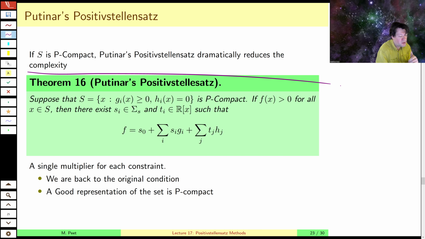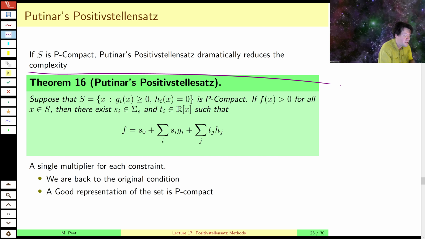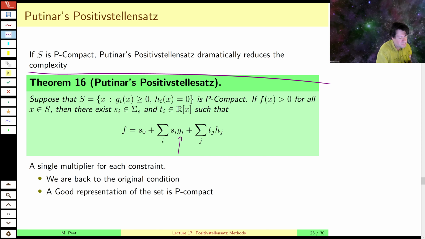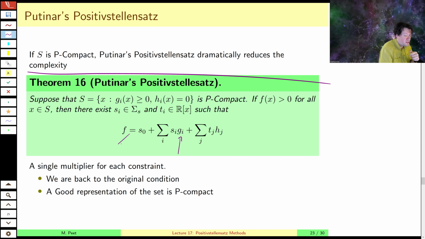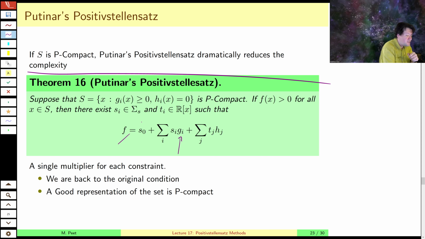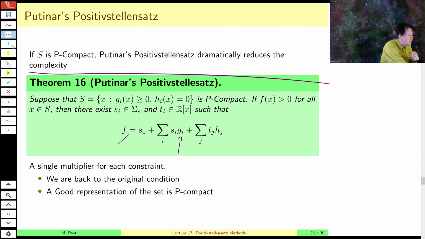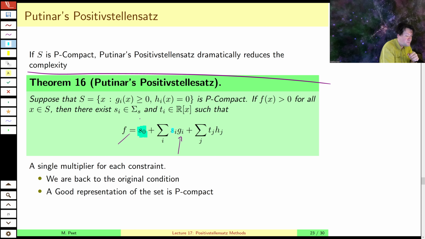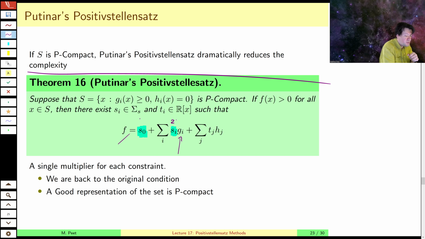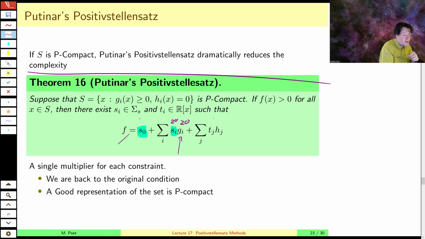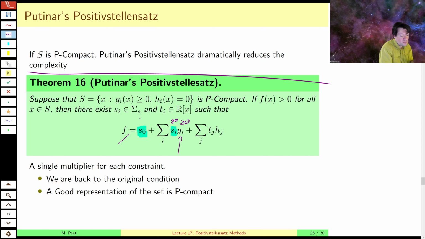Basically, almost all of the terms of the monoid except for the first order ones. So it says that f is positive on this p-compact set if it's equal to a sum of squares. And here I'll just highlight our variables. Sum of squares, which are positive, multiplied by the representations themselves. And then, of course, we have the equality constraints here.